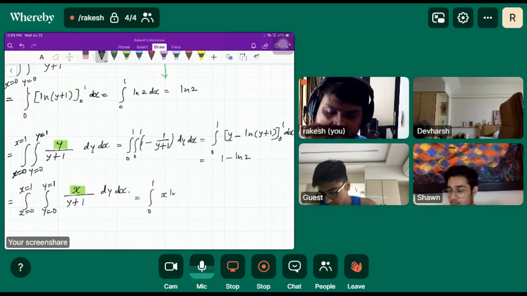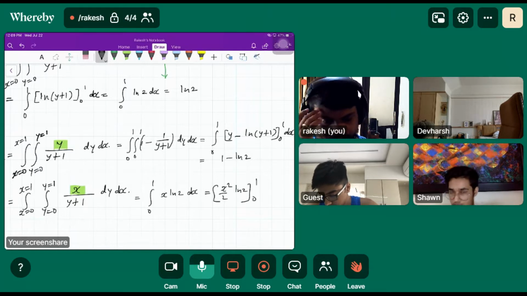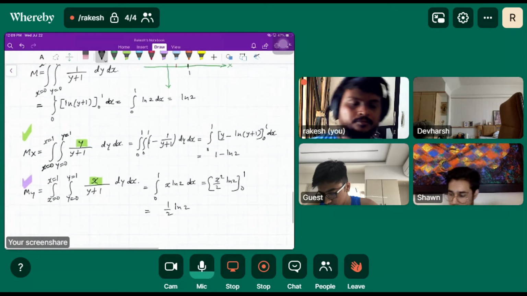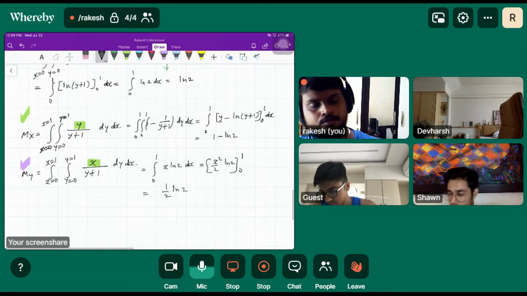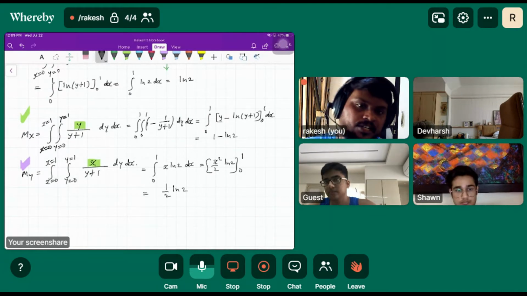When you plug in one, it will give you the same thing. So we got three answers here: ln2, 1 minus ln2, and 1/2 ln2.